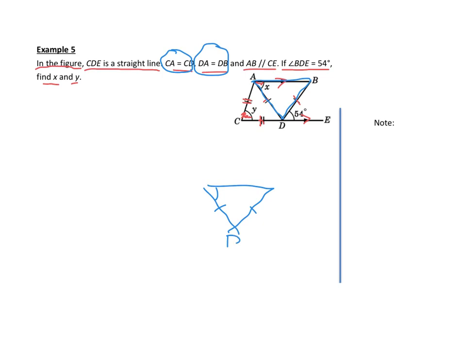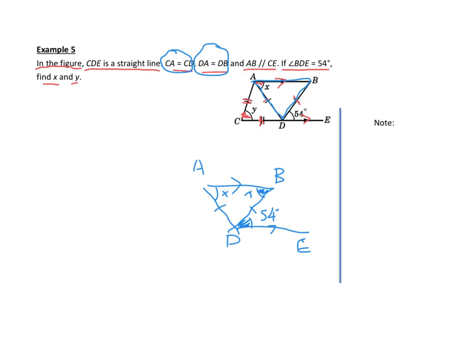So if angle DAB is equal to x, then angle DBA must also be equal to x. And also we know that AB is parallel to DE. So you can see that this x must be equal to this angle BDE, that is 54 degrees.